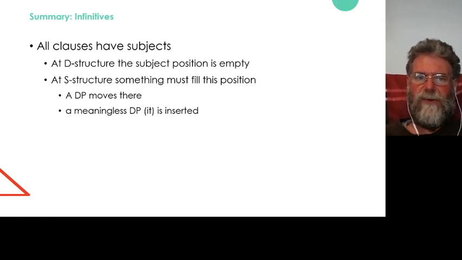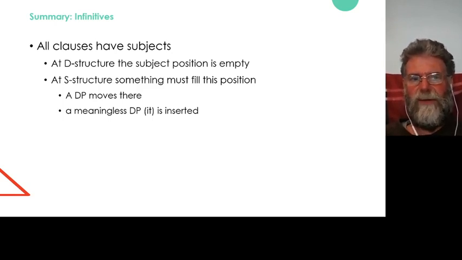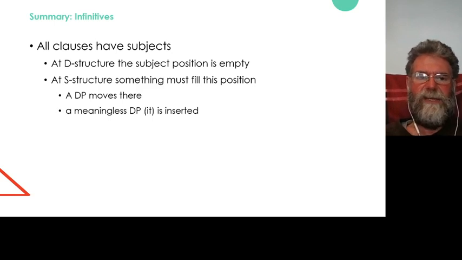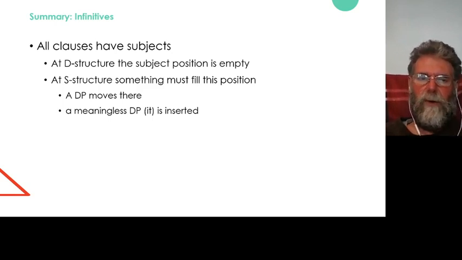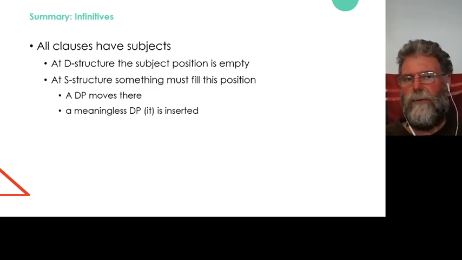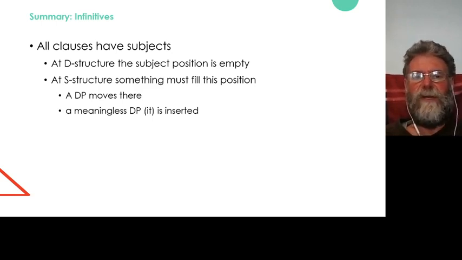It's just that at S structure there seems to be this requirement that something be in that position. We can fill that position in one of two ways. We can either move a DP into that position, or, under the right circumstances, we can insert a meaningless DP into that position, usually something like it or there.